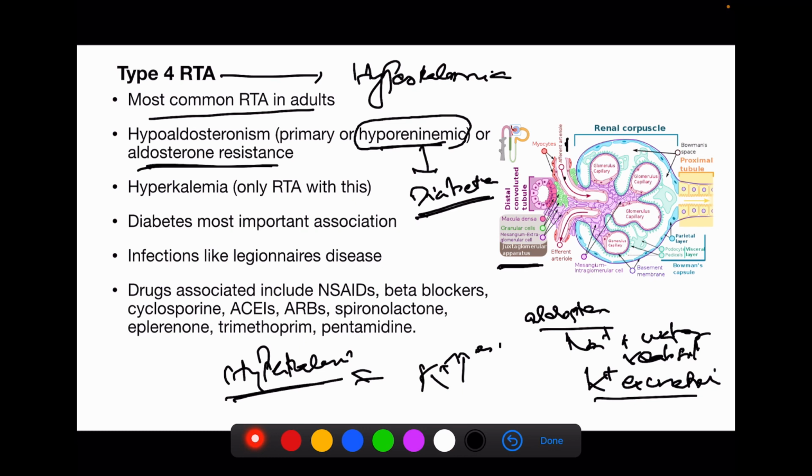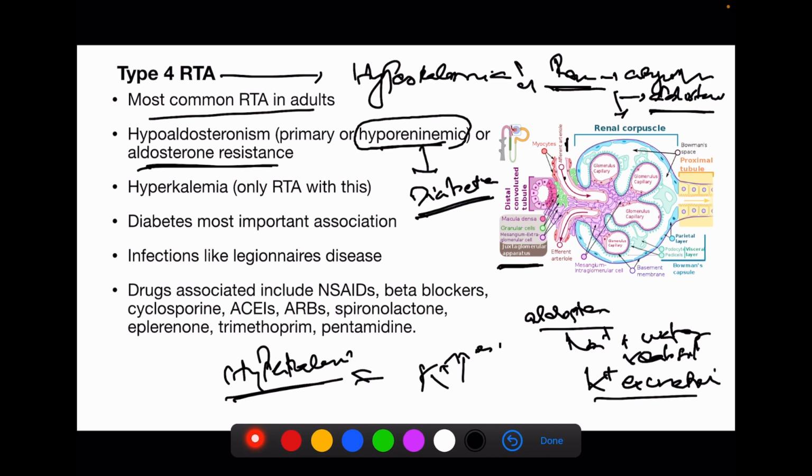So because of the damage in the juxtaglomerular apparatus, the renin secretion is decreased. Renin stimulates secretion of angiotensin. Angiotensin stimulates secretion of aldosterone. So if renin levels are low, consequently the aldosterone levels will also go low. So this is a type of hypoaldosteronism called hyporeninemic hypoaldosteronism.